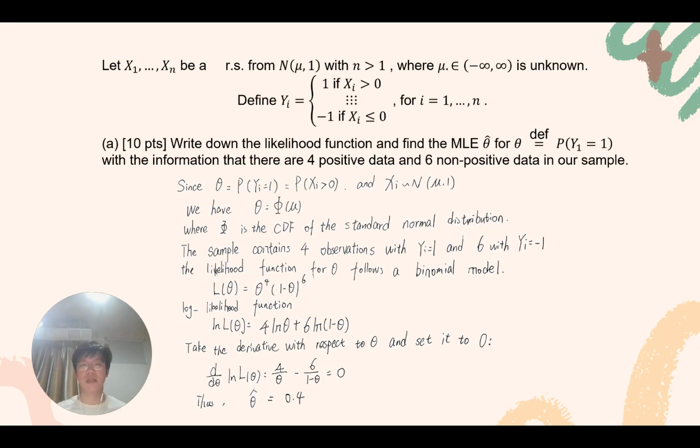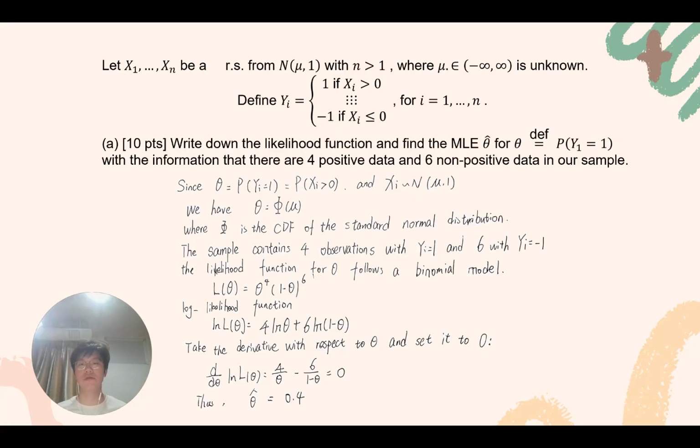And next, question B is to write down the likelihood function and find the MLE theta hat, with the information that there are 4 positive data and 6 non-positive data in our sample.